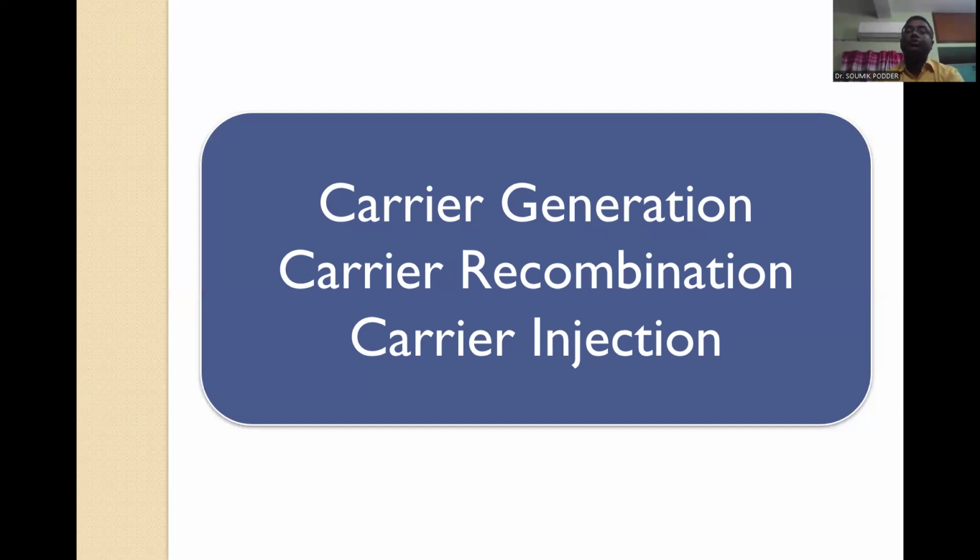So in order to refill the carriers inside the semiconductor, or to restore the concentrations, or if I want to increase the concentration of the charge carriers, carrier injection is the best method.